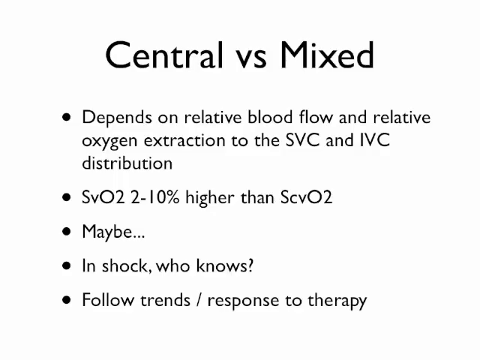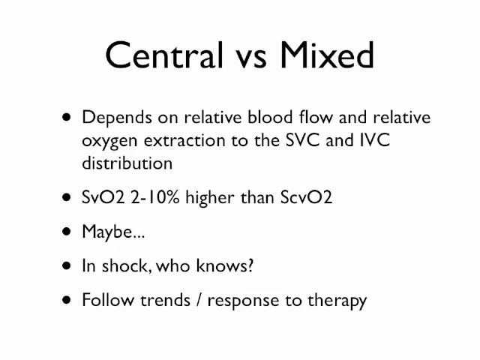So the last thing I wanted to mention here is the relationship between central venous oxygen saturations and mixed venous oxygen saturations. So remember, the mixed venous is from the pulmonary artery, and very rarely do we have a PA catheter in, so we'll often be taking blood from the SVC from a central line and using that as a kind of surrogate.